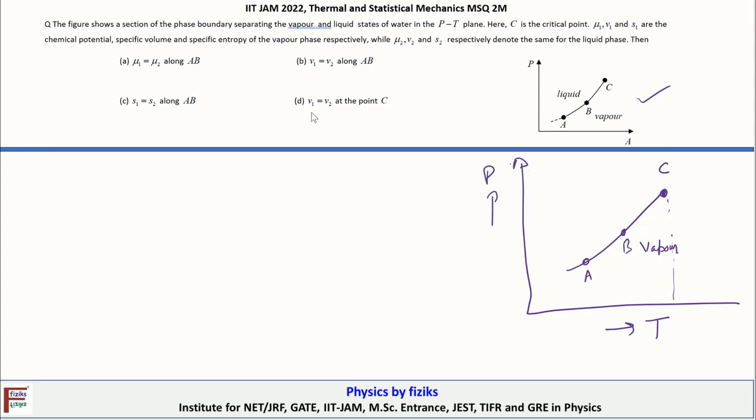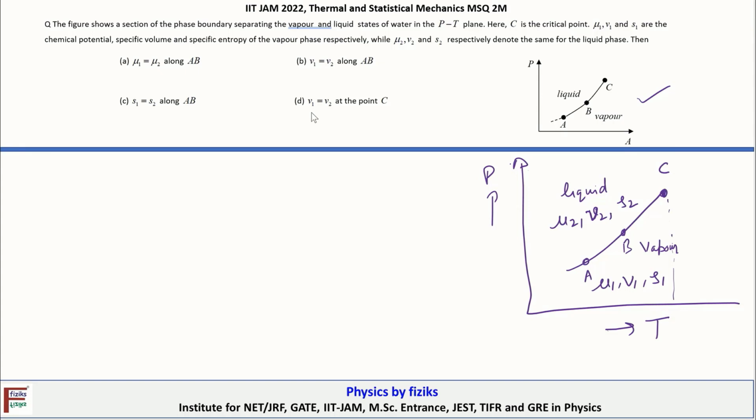This is the vapor phase, and above this line it's the liquid phase. In the vapor phase the corresponding parameters are mu1, V1 and S1: mu1 is the chemical potential, V1 the specific volume, and S1 the specific entropy of the vapor phase. Correspondingly here we have the parameters mu2, sorry, V2, and then S2.